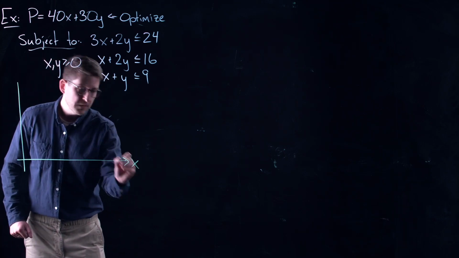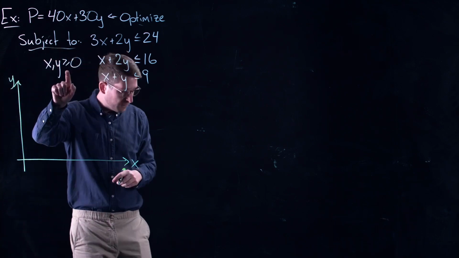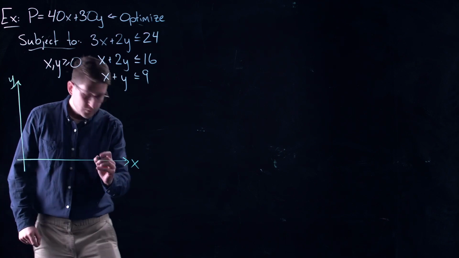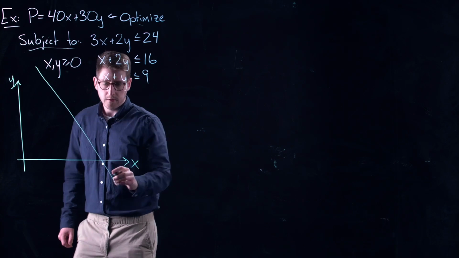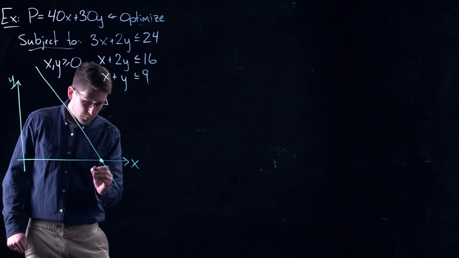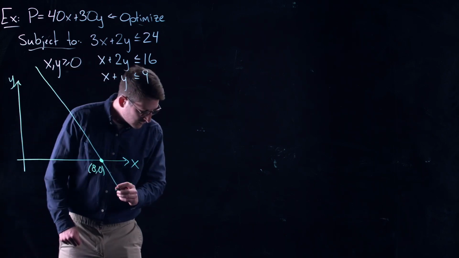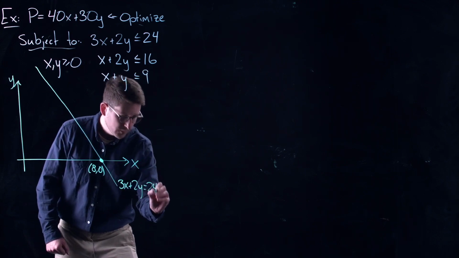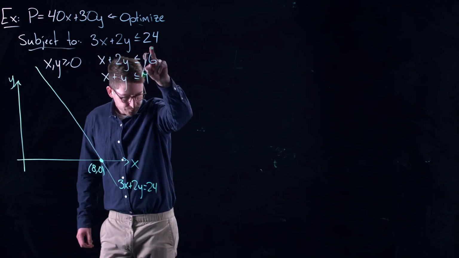So let's sketch out the feasible region, okay? So first of all, it's in the top quadrant. That's my first constraint right here. Then I've got one function. So let's make it like this. This goes through the point 8, 0. And this is the function 3x plus 2y equal to 24. So that is exactly this equality condition right here.